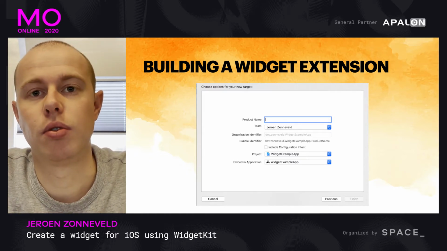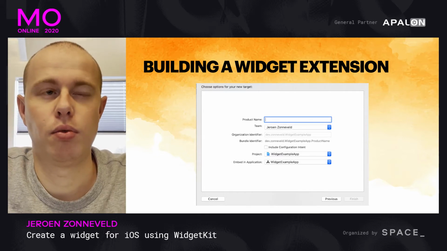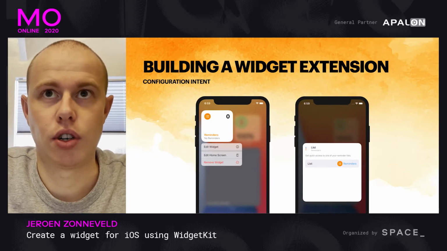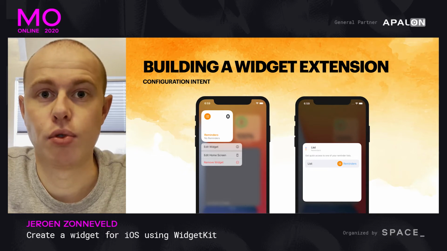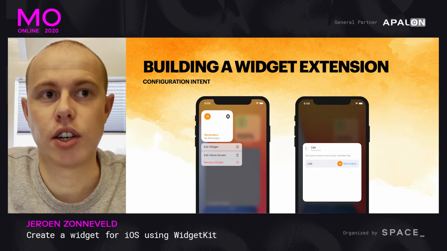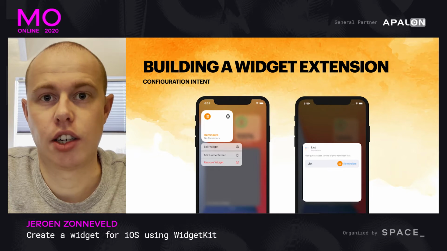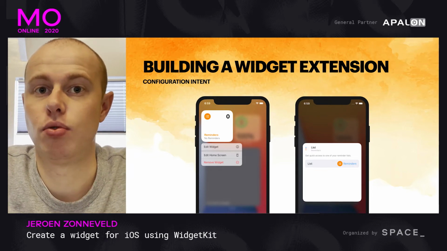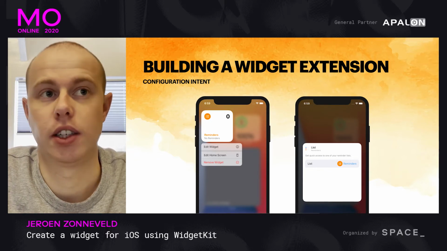But if you want to get user input for your widget from your user, you may have to fill in the checkbox. Users can, using the configuration intent, set input on your widget. For example, for the Reminders app, you are able to select a list of your reminders, or for the Weather app, you may be able to select a location to show the weather for the widget.